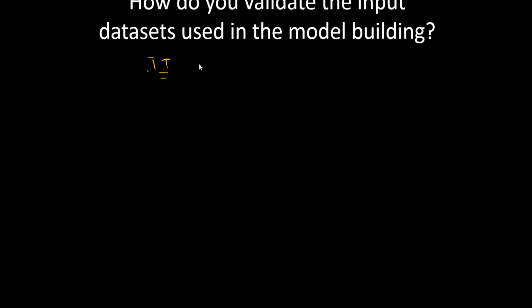When we talk about data quality, there are different types of data quality checks which we need to ensure. There are some IT-specific data quality checks like format and so on, which are taken care of by the IT people. But there are some model-specific data quality checks which are normally ignored by the IT people. For example, one check is a range check. You want your data to fall between two particular limits.